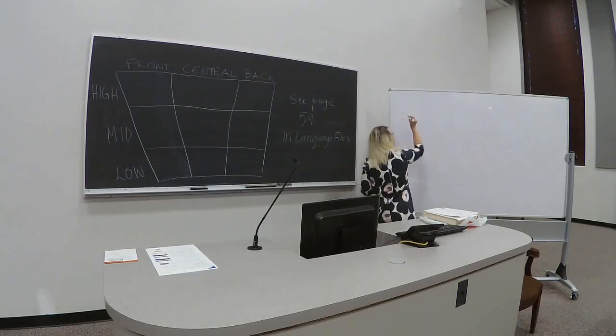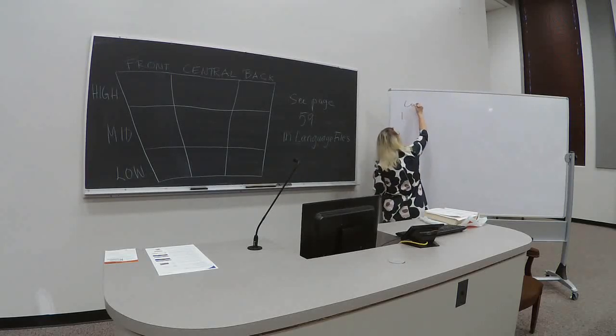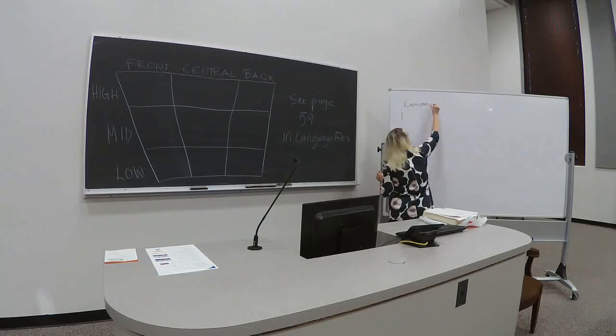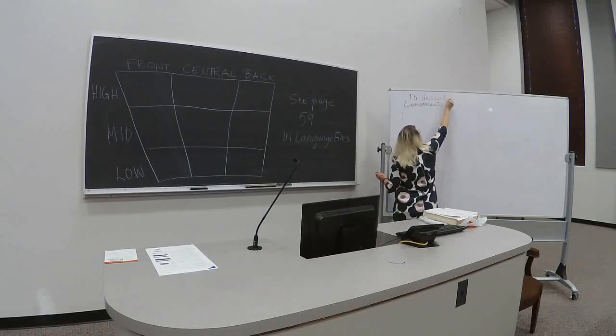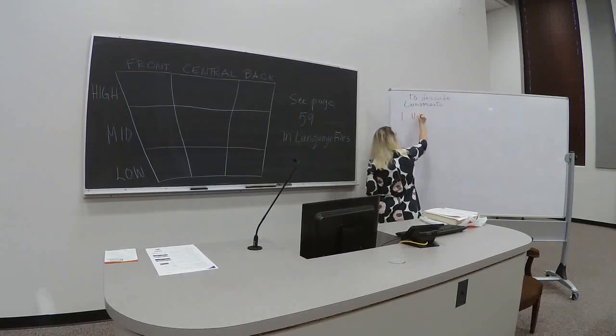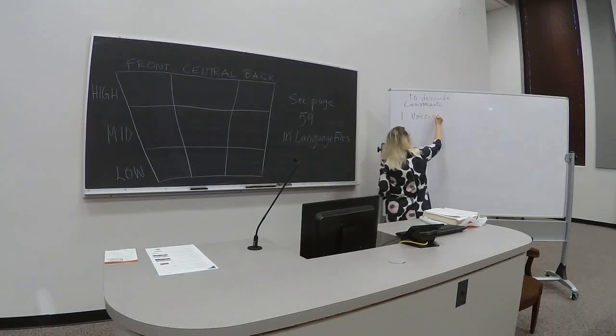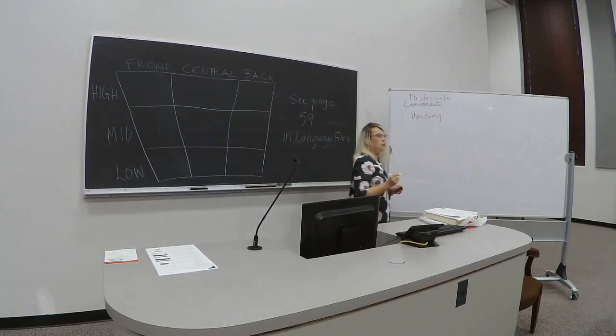First, voicing. To describe consonants, we need to determine whether the sound is voiced or voiceless. And then? Place of articulation.